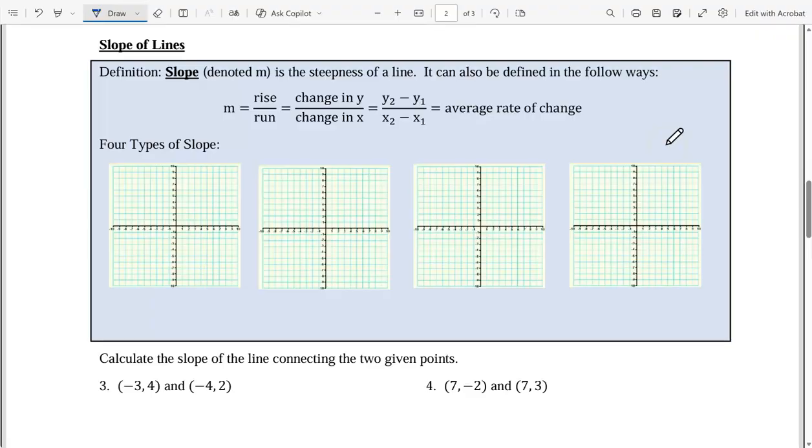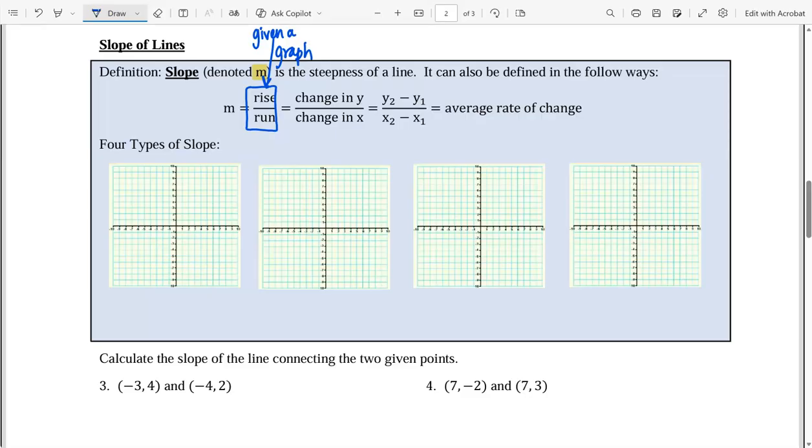So slope can be talked about in a couple of different ways. A lot of times we use the letter M to denote it. It's like our placeholder. We can talk about slope as rise over run. This is when I am given a graph that I can use to just look at it and identify how I am changing in the Y direction compared to the X direction.